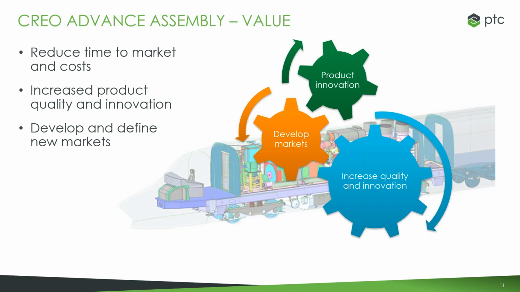You're also able to drive predictable changes from the skeleton model. You know exactly what changes you're able to make, and it's easy to make those, which eliminates a lot of integration errors and rework. As far as costs are concerned, again, you're speeding that assembly design and development by enabling concurrent design.